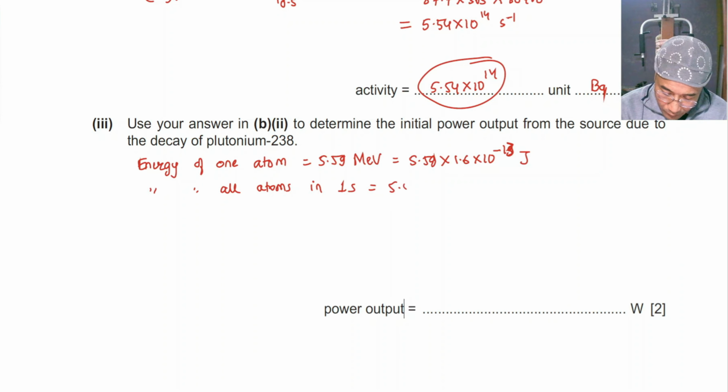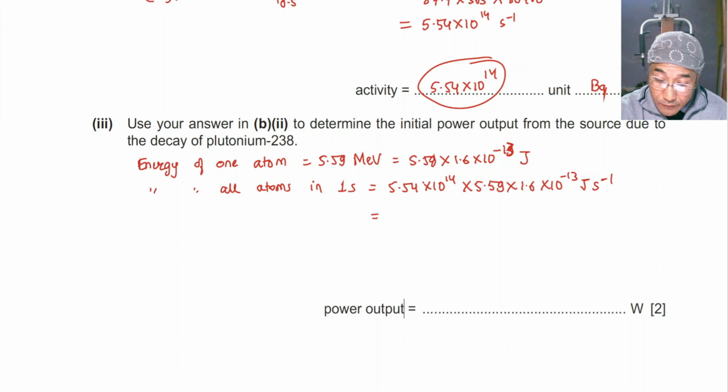So it is 5.54 into 10 to the power 14 into 5.59 into 1.6 into 10 to the power minus 13 joules per second. Altogether it is 495 joules per second, and that gives us 495 watts. Joule per second is watt.